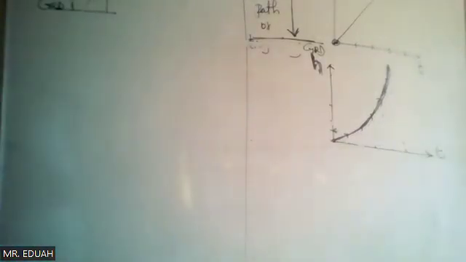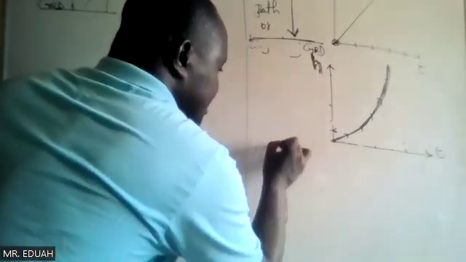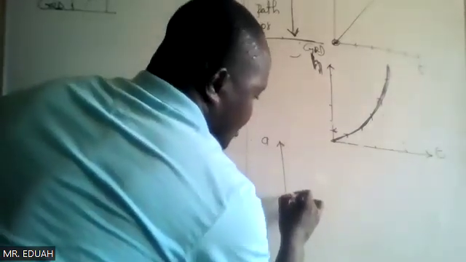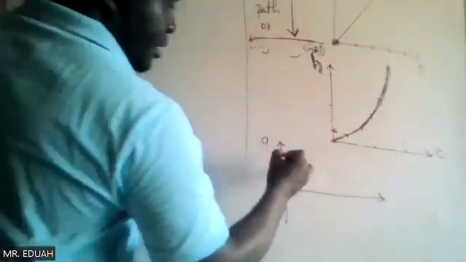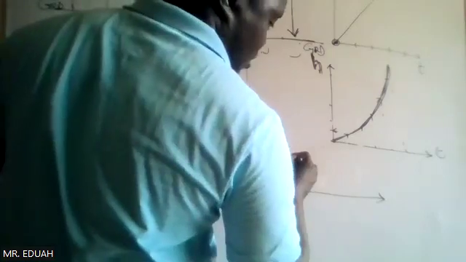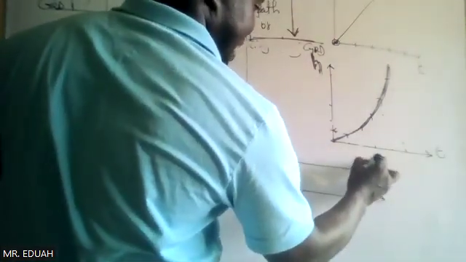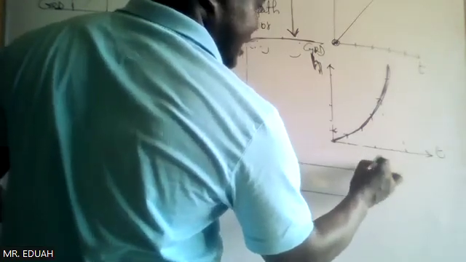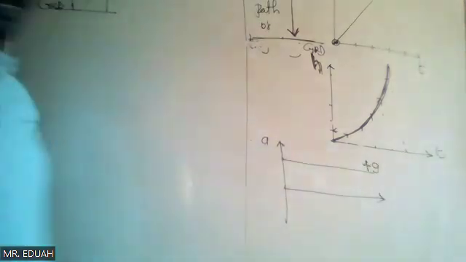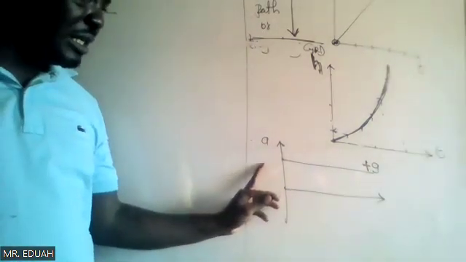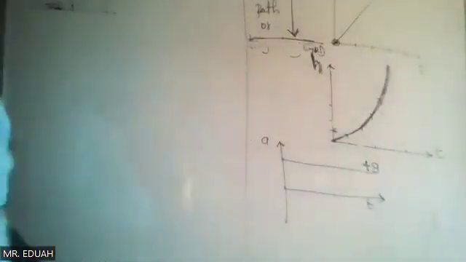So if we are to plot the acceleration time graph, a graph of acceleration against time has this constant value. This is plus g. Because it accelerates, it's a plus g. The acceleration is constant. So this is the acceleration time graph for a free falling body.